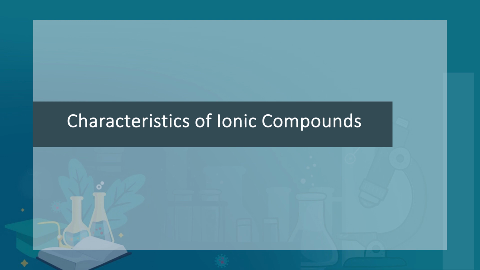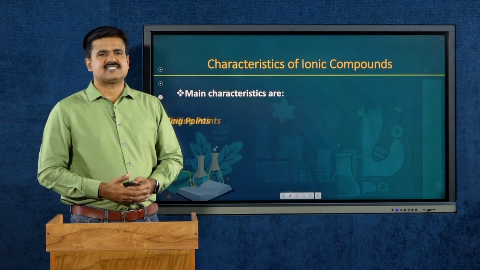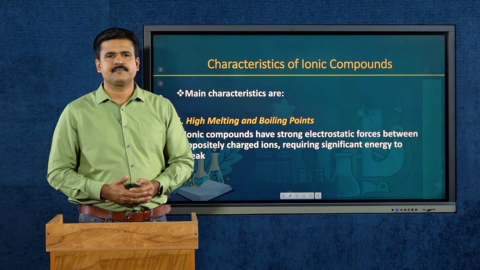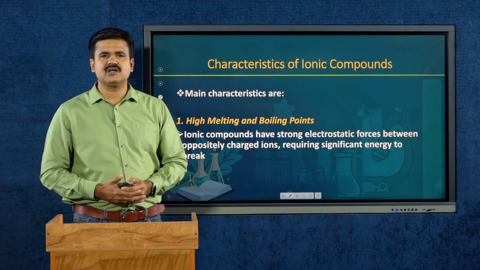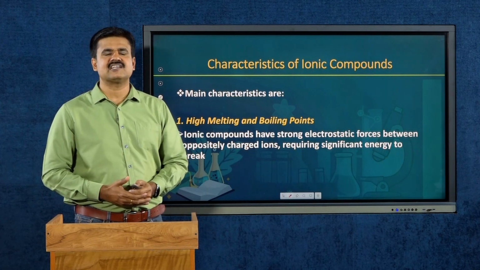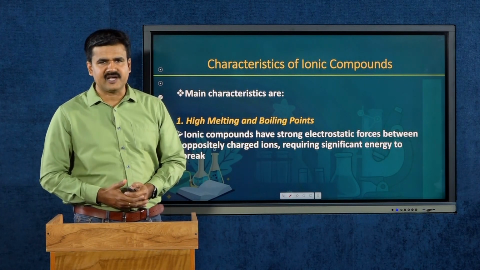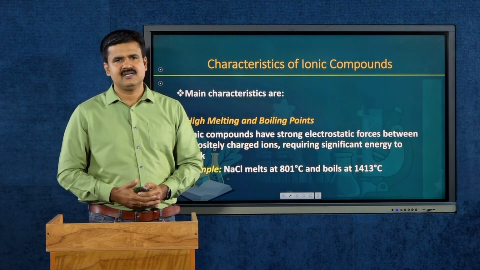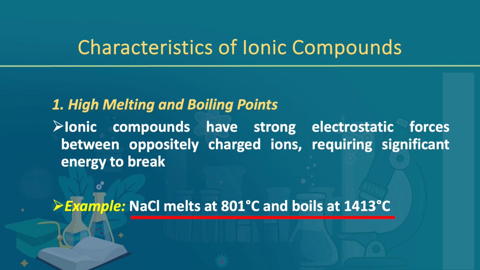Ionic compounds: the main characteristics are that they are associated with high melting and boiling points. Ionic compounds have a strong electrostatic force of attraction between oppositely charged ions, requiring significant energy to break. For example, NaCl melts at 801 degrees Celsius and boils at 1413 degrees Celsius.